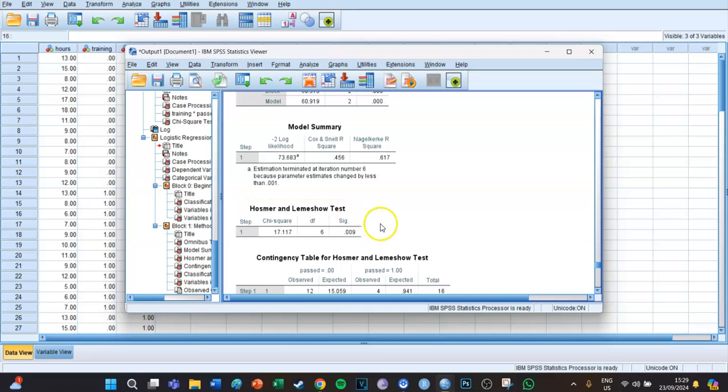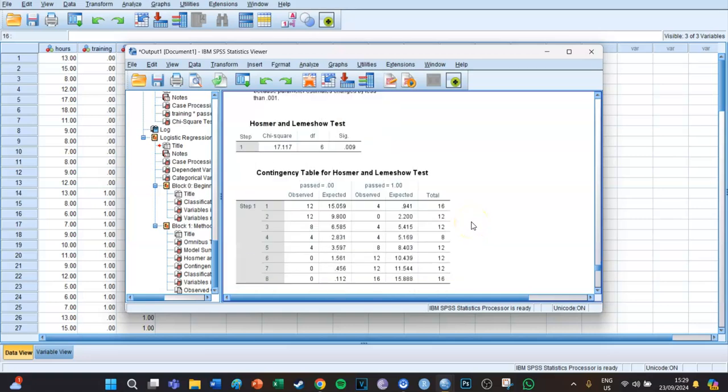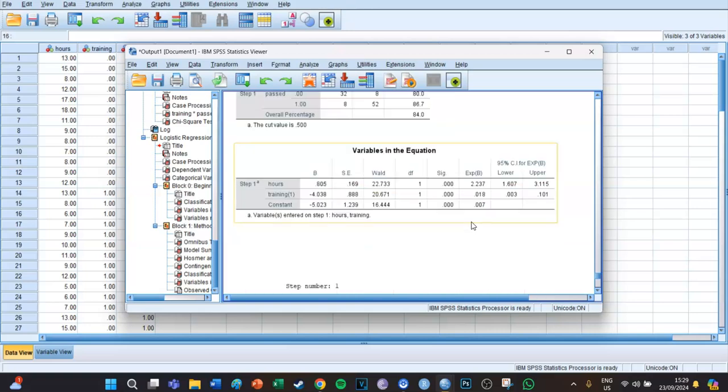So that is a requirement if you want to take a look at the variables in the equation table, because this is the table that we care about.